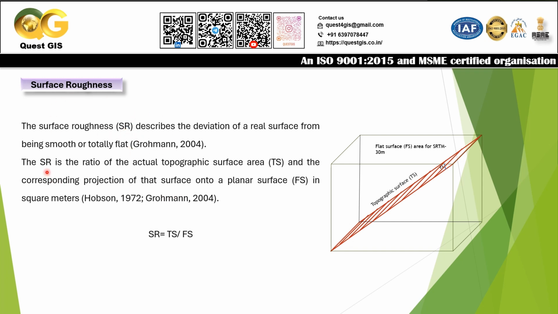So basically the surface roughness, which is SR, is the ratio of the actual topographic surface area and the corresponding projection of that surface onto the planar surface, in square meters. Okay, so SR is equal to TS divided by FS. So what is TS? This is the topographic surface area.